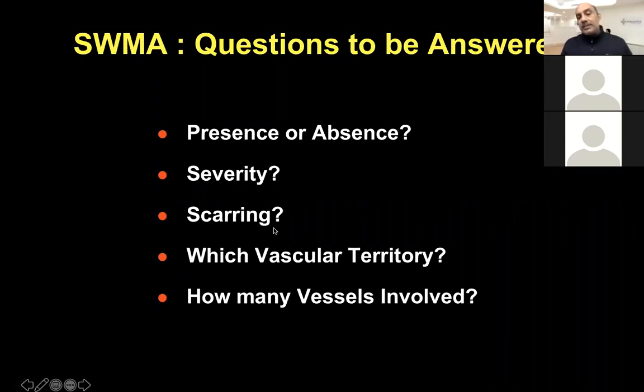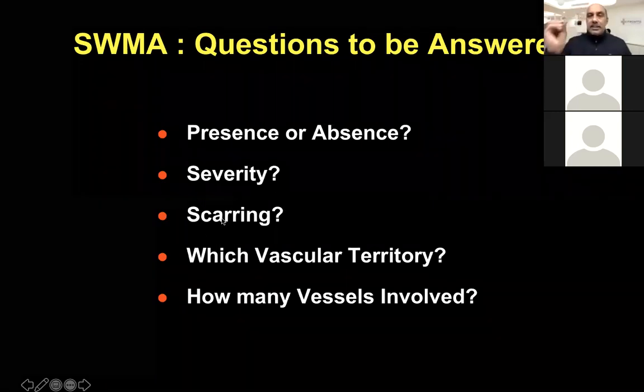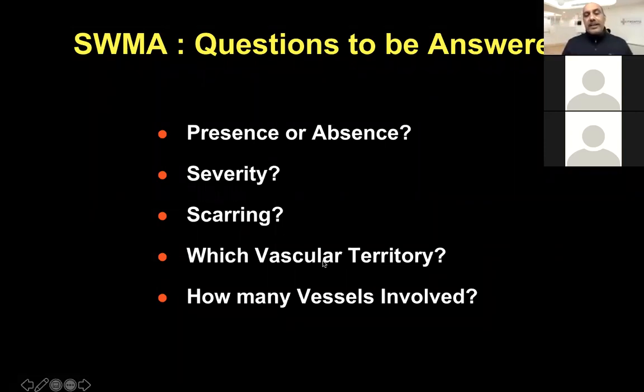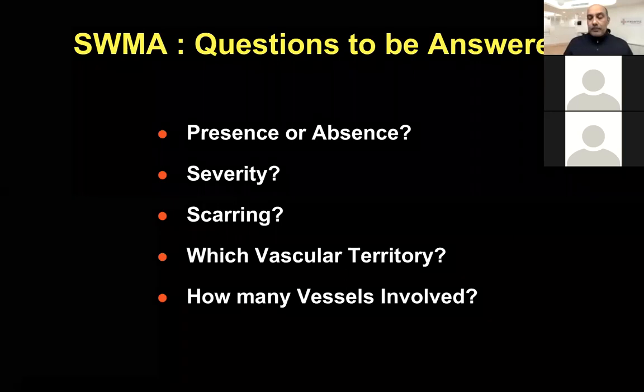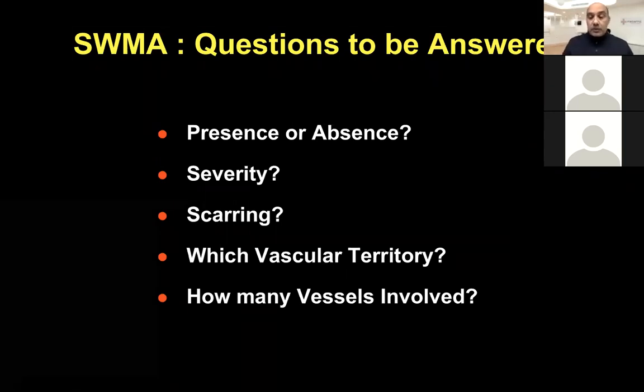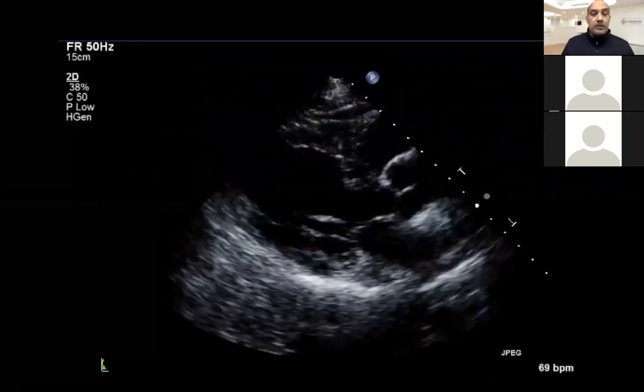Whether there is scarring, and scarring is detected by change in the quality of muscle, the echo refringence of that particular segment, and which vascular territory is involved. And it would be wonderful if you can see whether one vessel is involved or multiple vessels are involved, because this is a prognostic marker. And this is possible. You have to train your eyes. It is definitely very much possible.